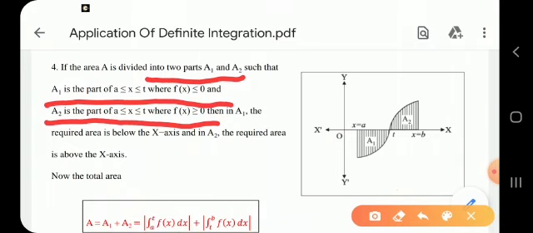Then the required area below the x-axis is A1 and the required area above the x-axis is A2, as given in the figure.